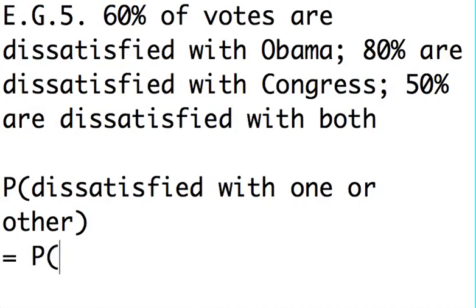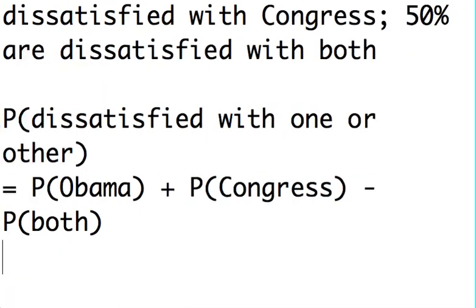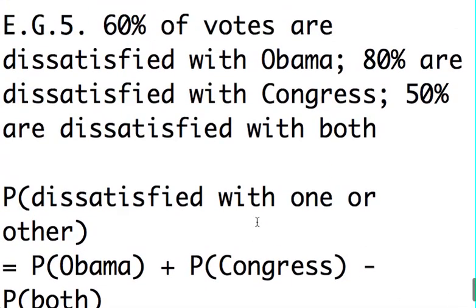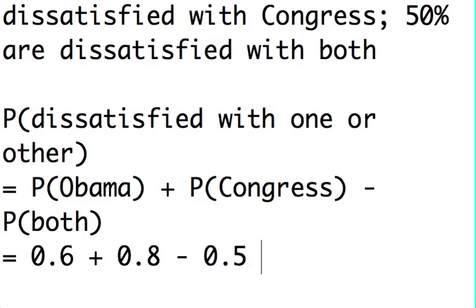Well, it's the probability that voters are dissatisfied with Obama plus those who are dissatisfied with Congress minus those who are dissatisfied with both. Now, turning the percents into probabilities, we have 60%, or 0.6 probability, dissatisfied with Obama, plus 80%, or 0.8, dissatisfied with Congress, minus 0.5, 50%, dissatisfied with both.